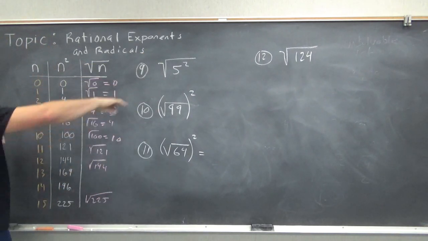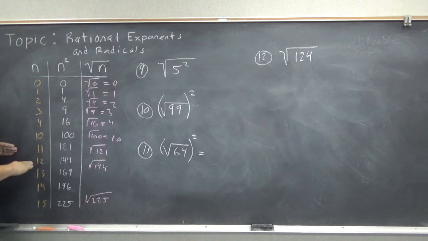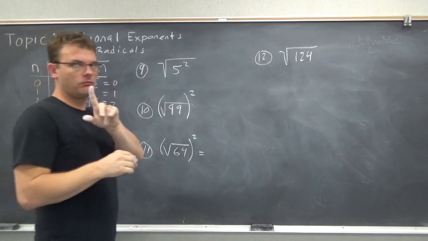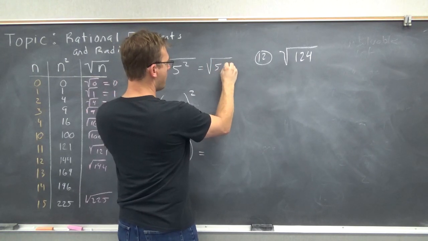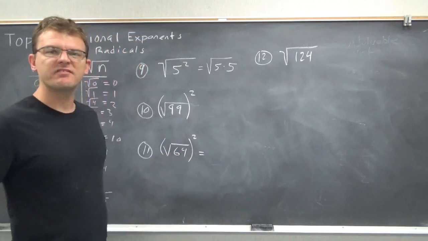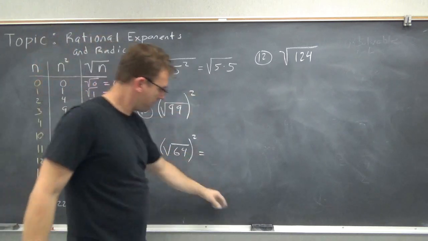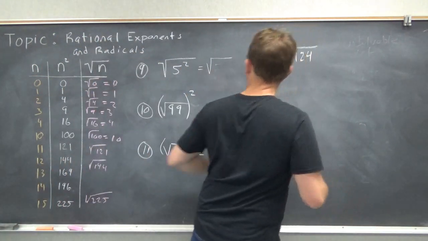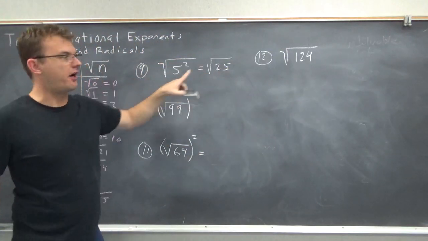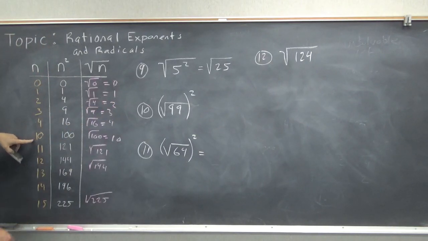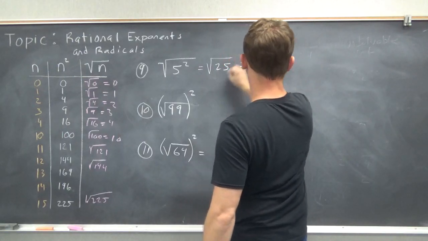Well, look here. Do I see 5 squared? Do I see a 5? No. But what if I did this? What's 5 times 5? 25? What's the square root of 25? 5.